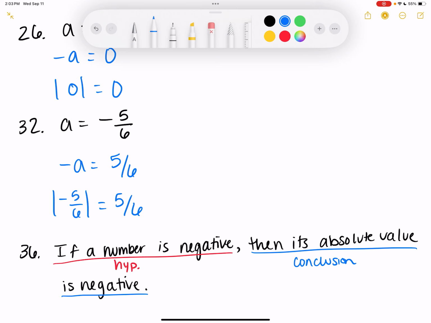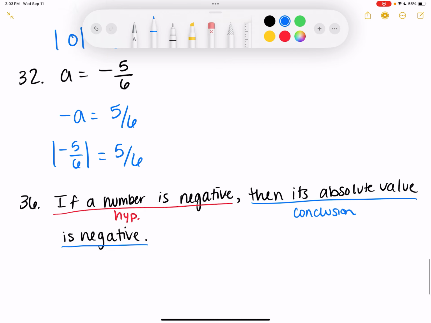Is this true or false? False. Why? Because absolute value can't be negative. When it says if it's false, give a counterexample, essentially it's saying to show what it would be if it was correct, but don't worry about that part of it.